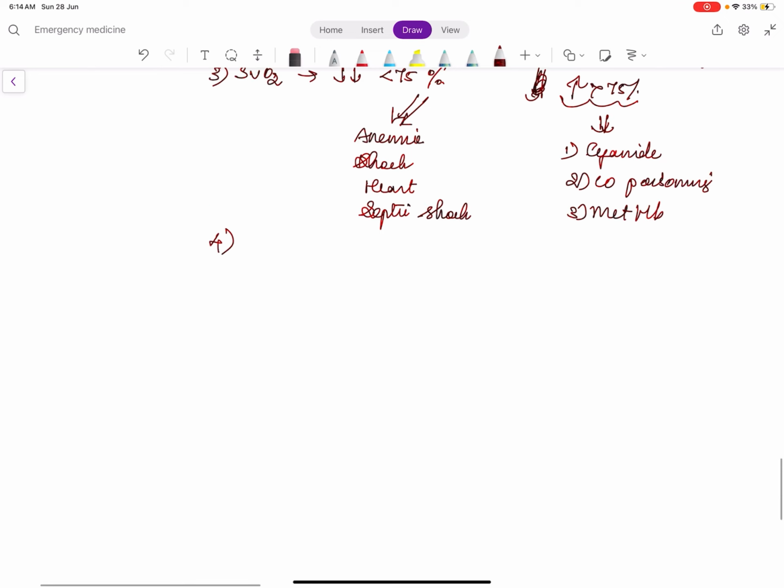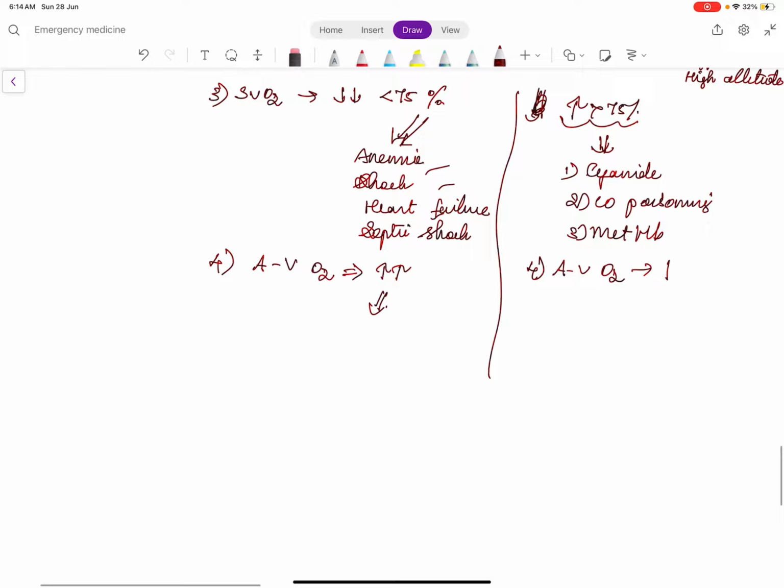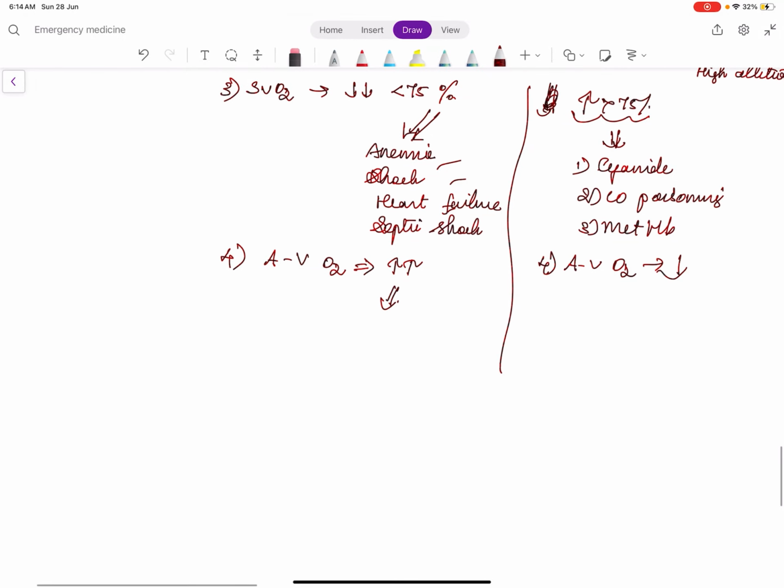Once we have SvO2, we calculate the AV oxygen difference. When SvO2 is low, the arterial venous oxygen difference is high, more than 5 ml of oxygen or more than 20%, in the same conditions of anemia, shock, heart failure and septic shock. When the AV oxygen difference is low, it means venous oxygen saturation is high.